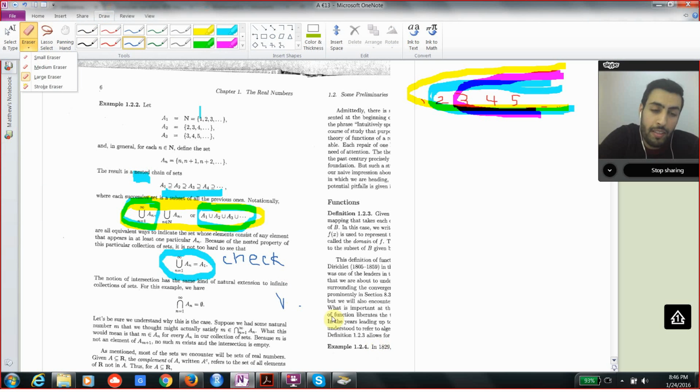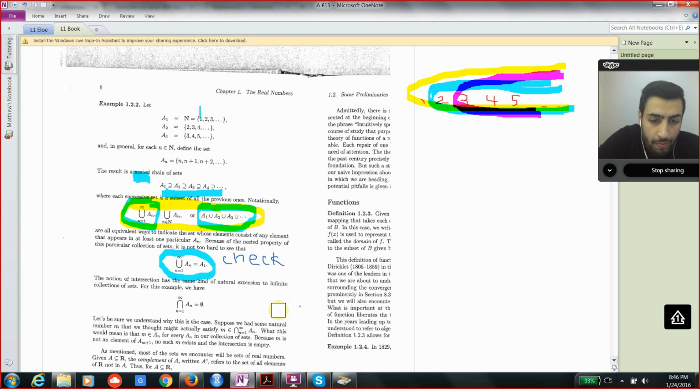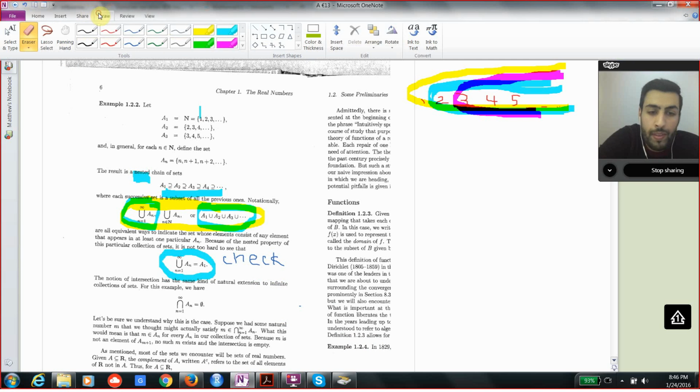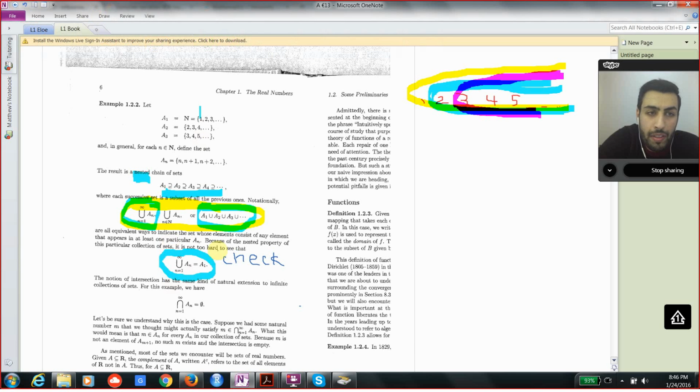Here's the hard part, the intersection. When you're in the intersection, it means that you have to be in all of them: A1 and A2 and A3 and A4. Notice something: there is no number that is in all of the sets. Let me prove it to you. Give me any natural number at all.